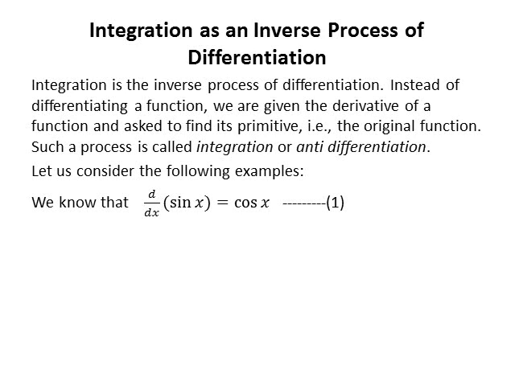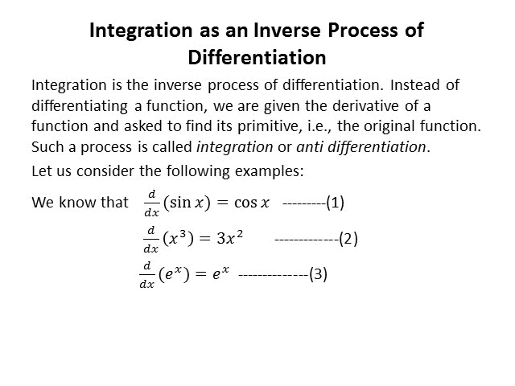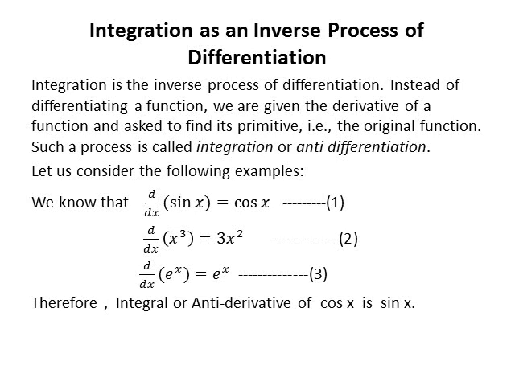First is the derivative of sin x with respect to x. We know that it is cos x. The derivative of x cube with respect to x is equal to 3x square. The derivative of e raised to power x with respect to x is equal to e raised to power x. As we know, indefinite integration is an inverse process of differentiation. So, if the derivative of sin x with respect to x is cos x, then the integral or antiderivative of cos x is sin x.